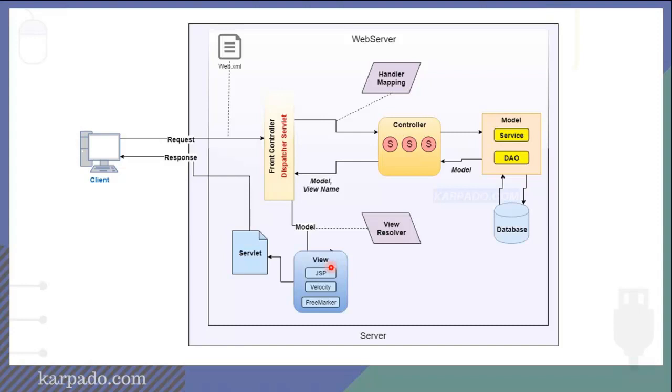In case of JSP, the JSP would be translated into an equivalent servlet, which will have a bunch of println statements with HTML tags, and ultimately the server would execute this servlet and respond back with the HTML to the client, which will be rendered on the browser.